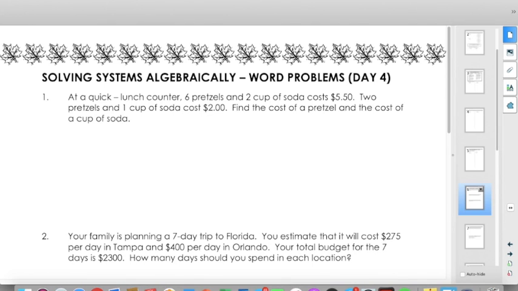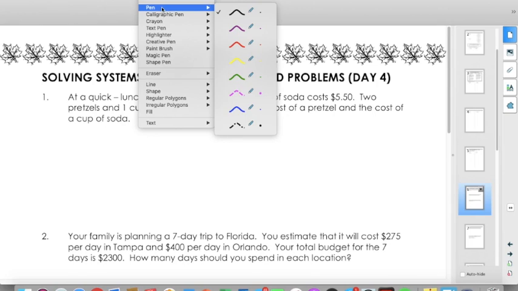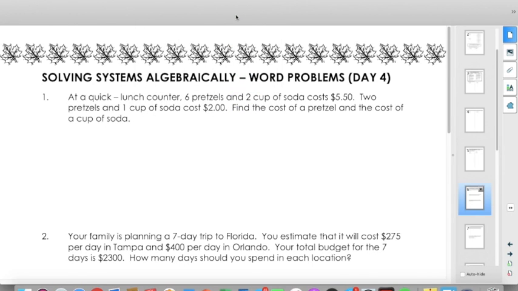Whether you want to use let statements or not is totally up to you. If you can just realize that P stands for pretzel and S stands for soda, then that's good too. So let's set this up. 6 pretzels and 2 cups of soda cost $5.50.